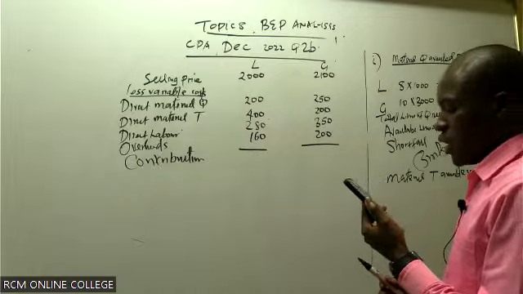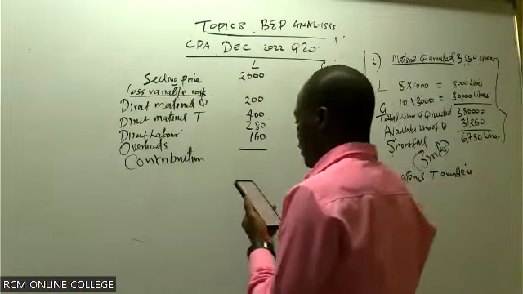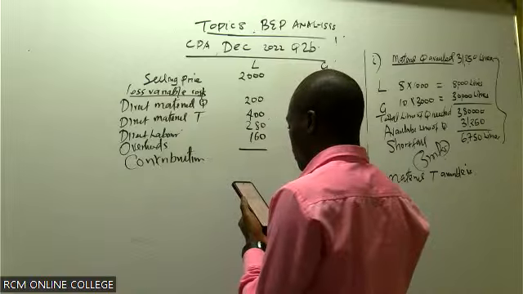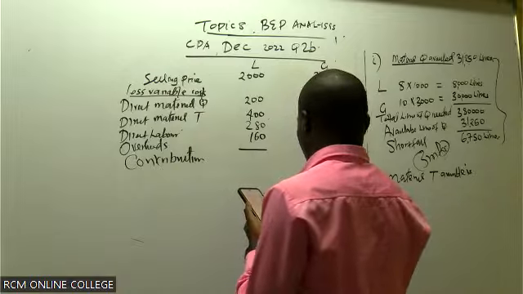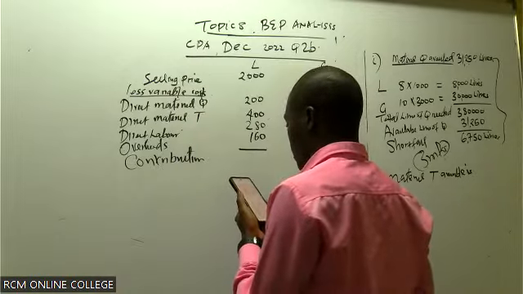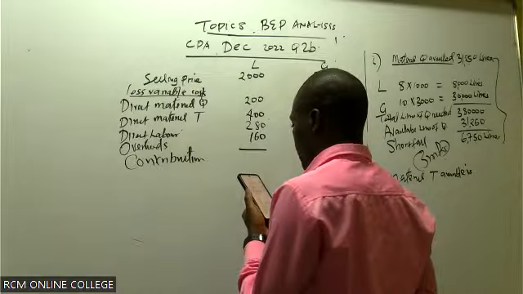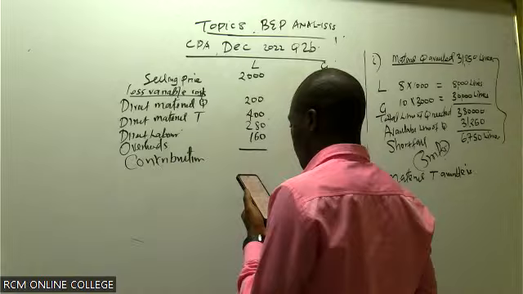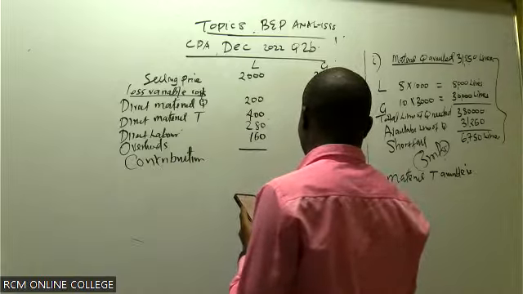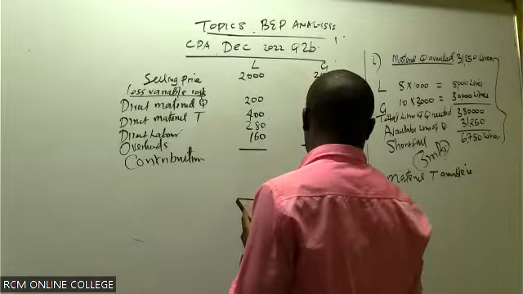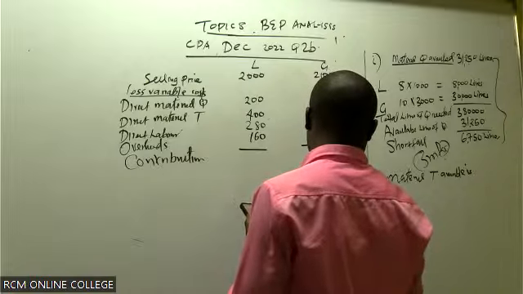So I want somebody to take this one here. That is 10 times 1,000 plus 5 by 3,000. That will be 10,000 plus 15,000.